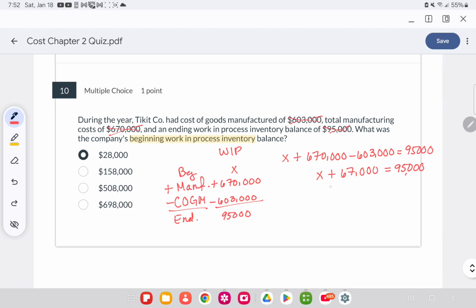All right, and then we have to take away 67 from each side. Let's see, 70, 25, 28. So that must be our beginning inventory.